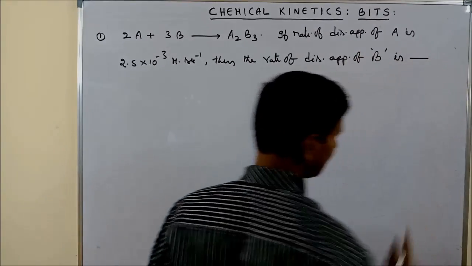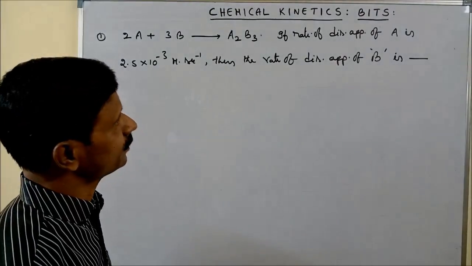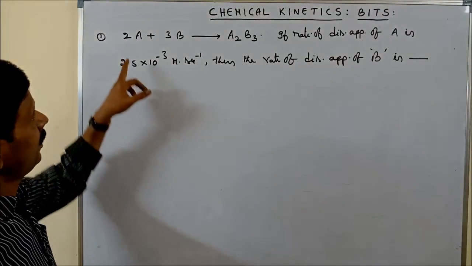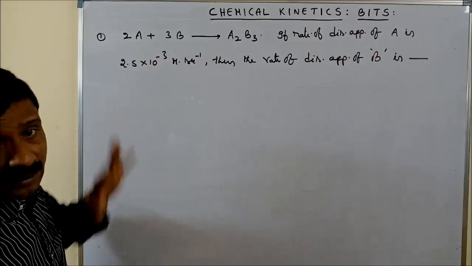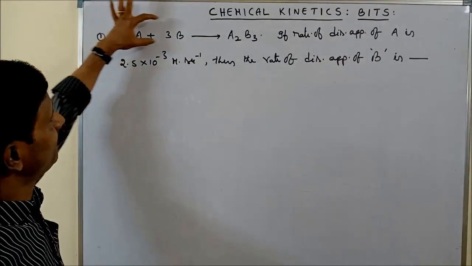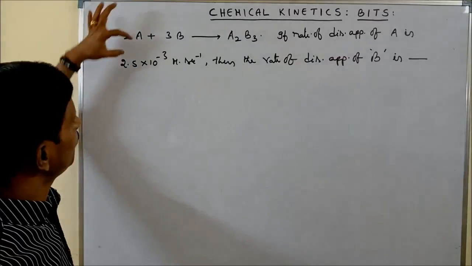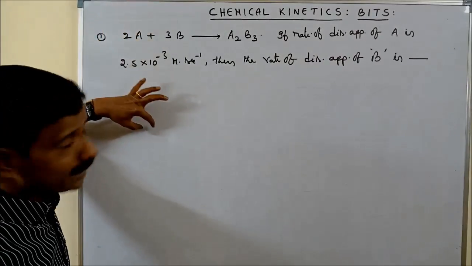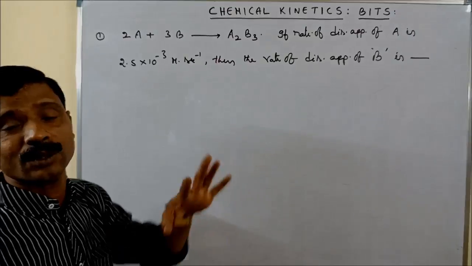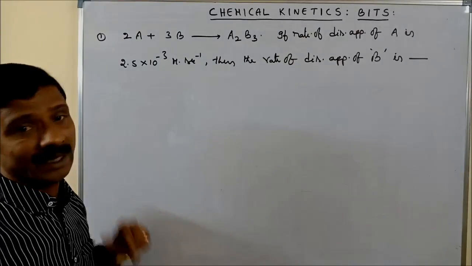This is the question. Now see this, as per this balanced equation, both A and B react in a 2:3 ratio. Means if 2 moles of A disappear, 3 moles of B are going to disappear. So that is the meaning.